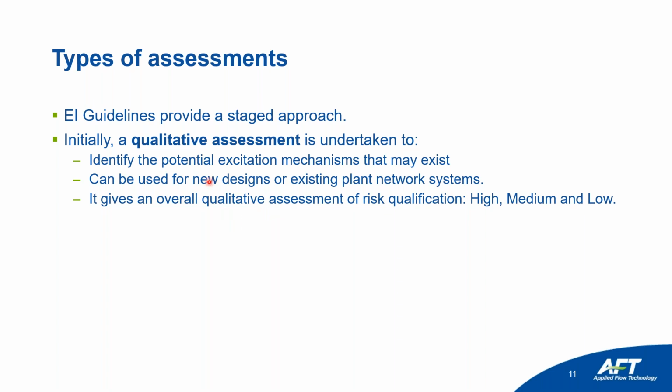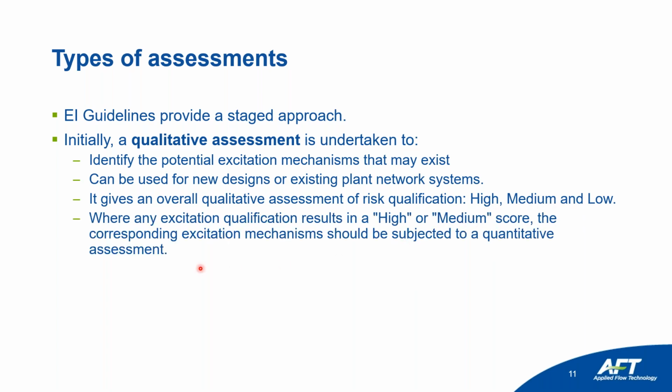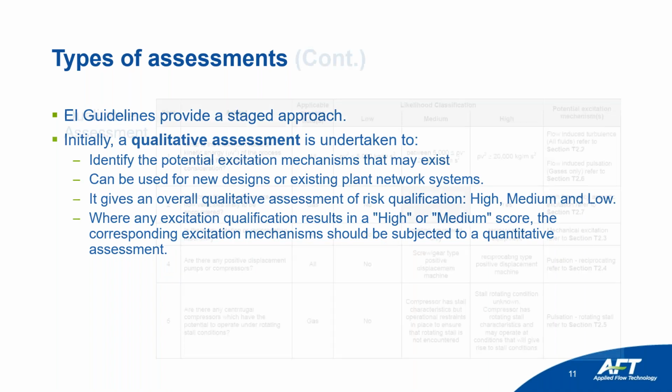From the qualitative assessment, you will qualify your pipe as having high, medium, or low risk. Where an excitation qualification results in high or medium, you move to the second stage. The corresponding excitation mechanism should be subjected to a quantitative assessment, which is the second step of the guidelines.